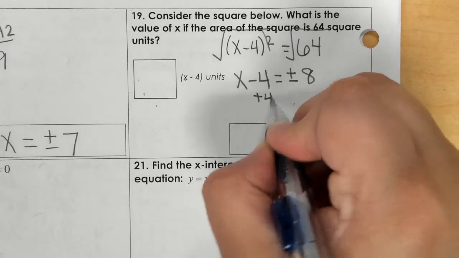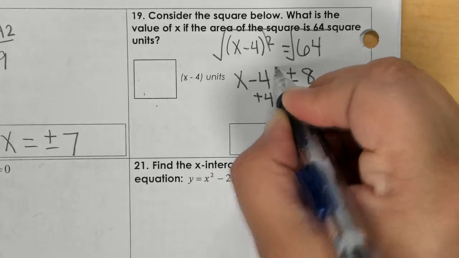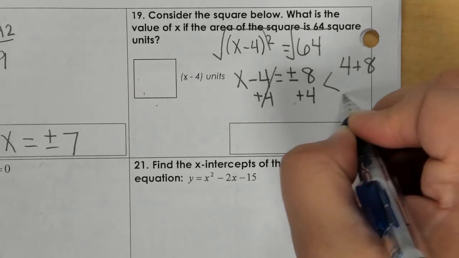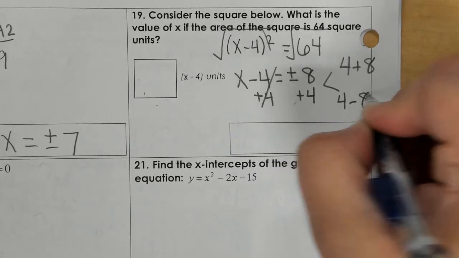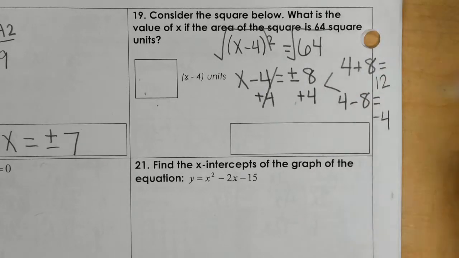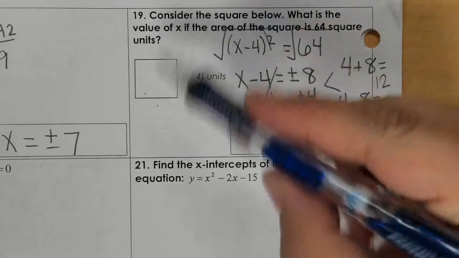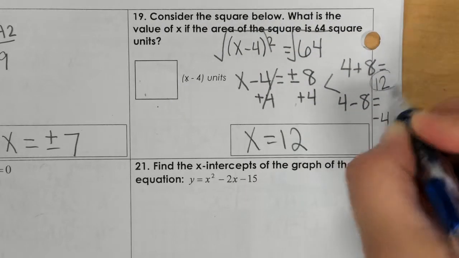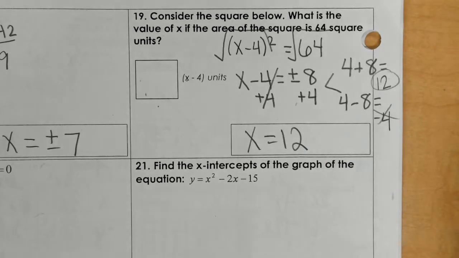If I add 4 to both sides, I get 4 plus 8 and 4 minus 8. This gives me 12 and negative 4. Because this is a story problem, you have to pick the positive solution, not the negative 4.